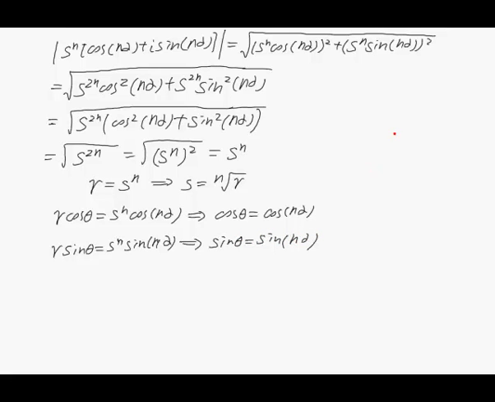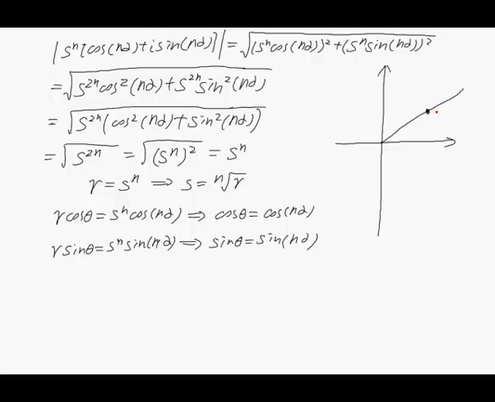Now let's draw the terminal side of these two arguments on the unit circle. So now this is the point on the unit circle. This is the terminal point of the terminal side of this angle on the unit circle.